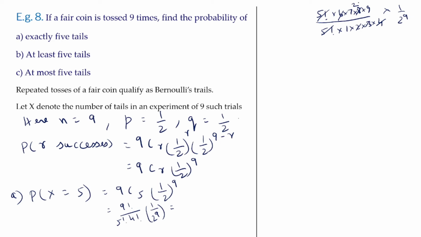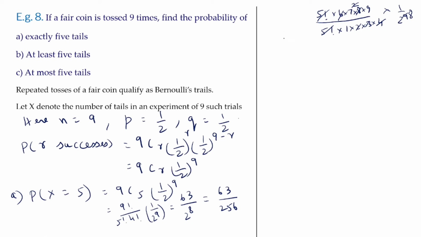So again this 2 and this will become 1 by 2 raised to 8. So here we will get 63 upon 2 raised to 8, or it is 63 upon 256. So this is the probability of getting exactly 5 tails. So probability of x is equal to 5 is 63 upon 256.